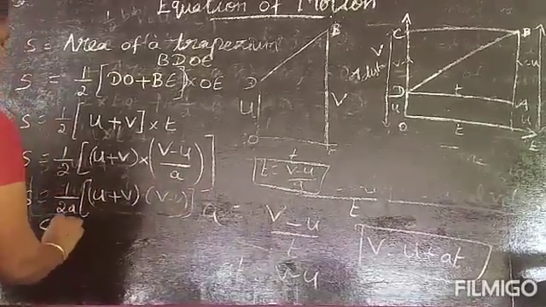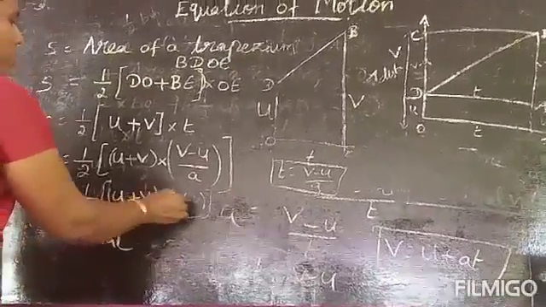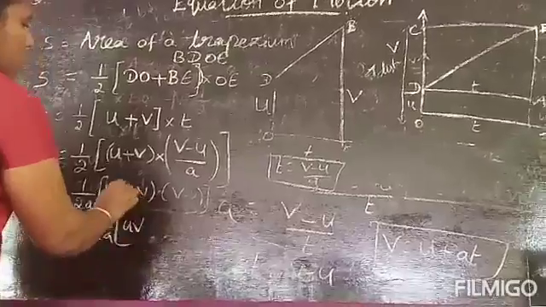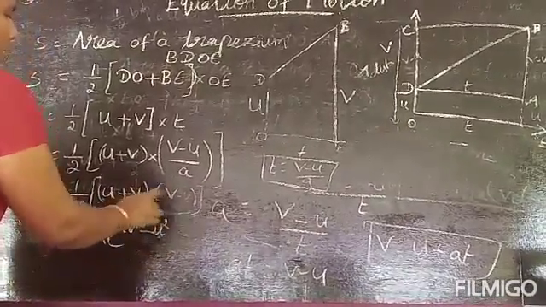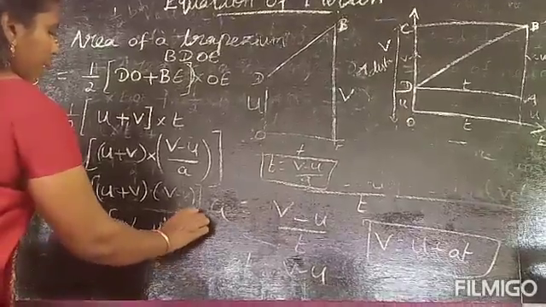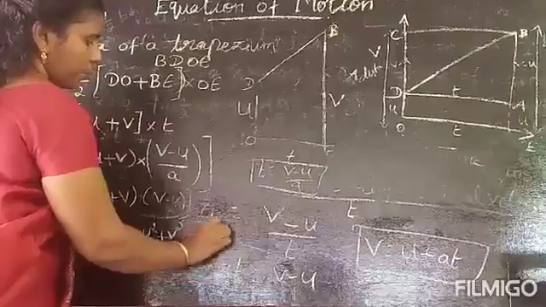So S equal to 1 by 2A into, U into V, UV; U into minus U, minus U square; V into V, plus V square; V into minus U, so minus UV.